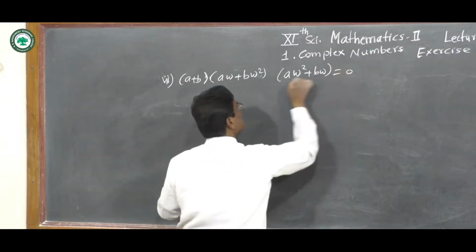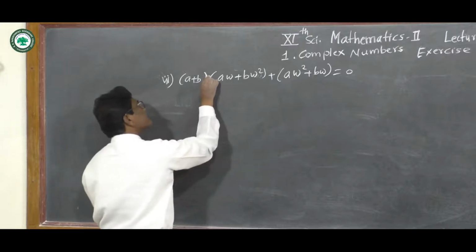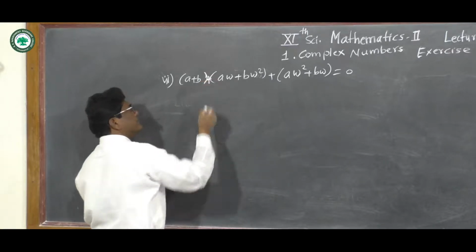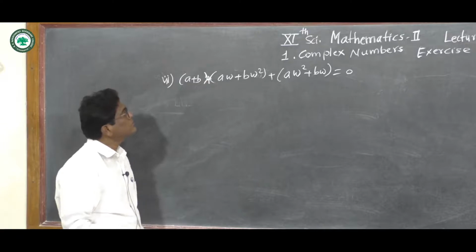We have to show 0, but here addition, plus here also plus. Addition of 3 brackets is equal to 0.